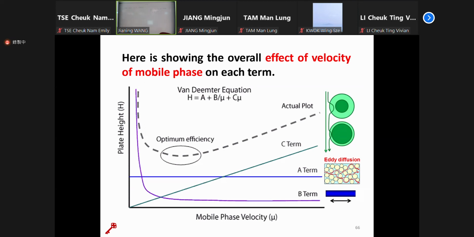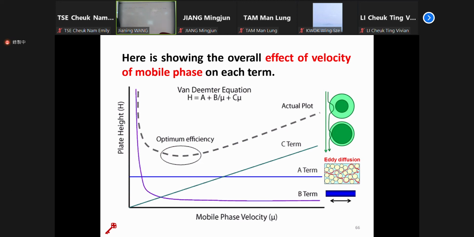We also call it the Van Deemter plot. The y-axis is H, the plate height. When we would like to find the lowest point of the plate height, this reading is the optimum reading.